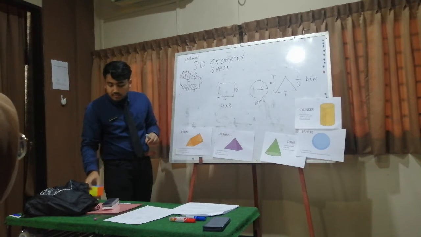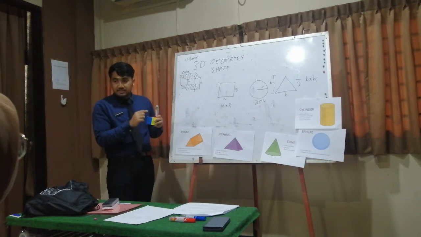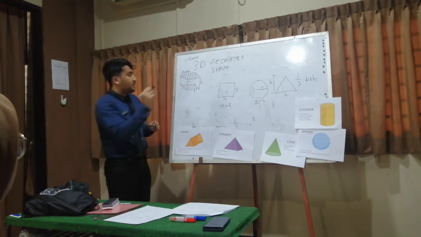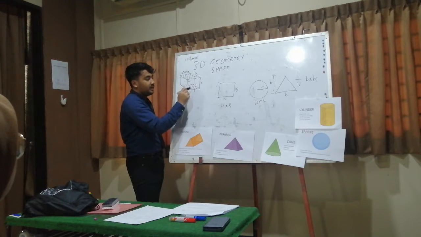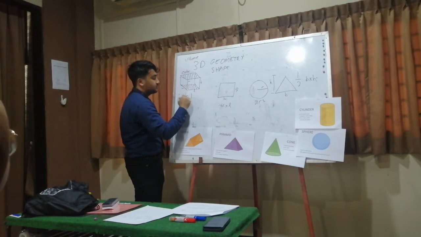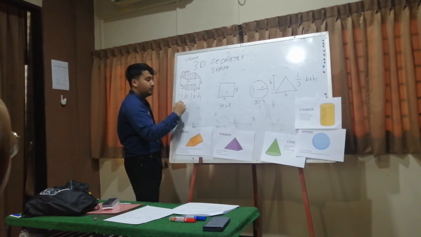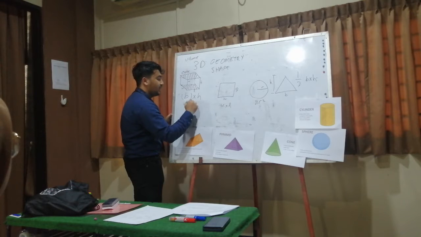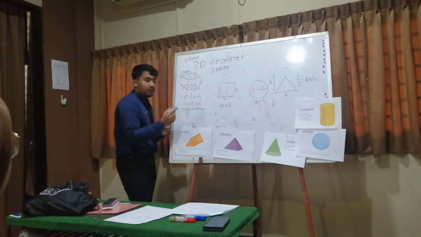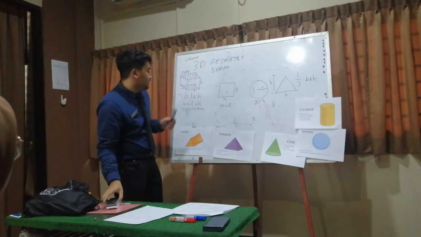Adding it one by one is okay, but it will take more time. So we just multiply the base by the height. The base is width times length, times height. Okay, this is the equation for the cube.